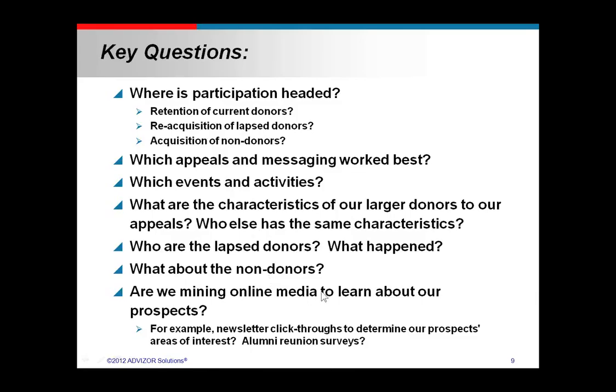What about the non-donors? And one of the things that we see can be highly important and valuable is the online media, because that can tell you, for example, if you take newsletter click-throughs, the prospects are giving you indications of interest. We'll see that some group will click on the neuroscience articles. Well, obviously they've got an interest in neuroscience. Somebody else is going to come through and click on the football program articles. They've got an interest in sports.